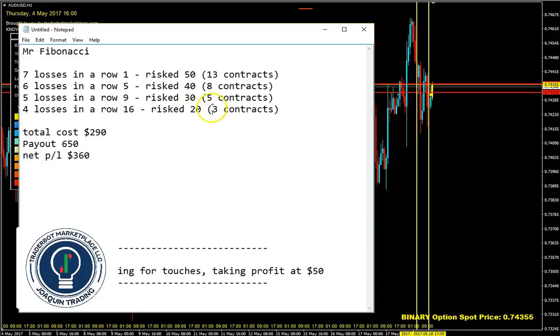If it happens here, you're going to make 40 times 3. If it happens here, you're going to make 40 times 5. If it happens here, you're going to make 40 times 8, which is 320.